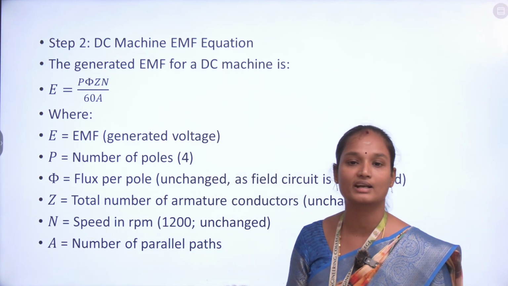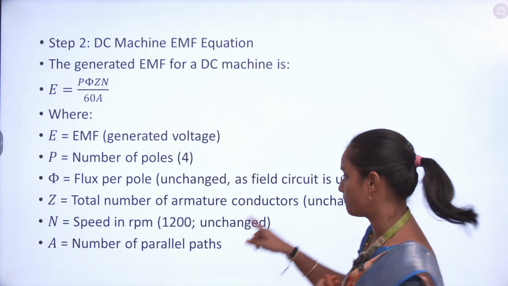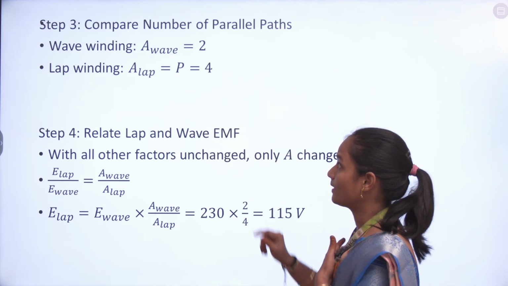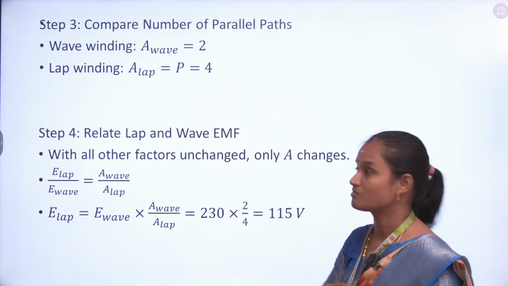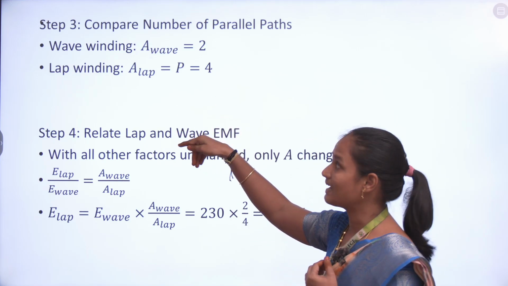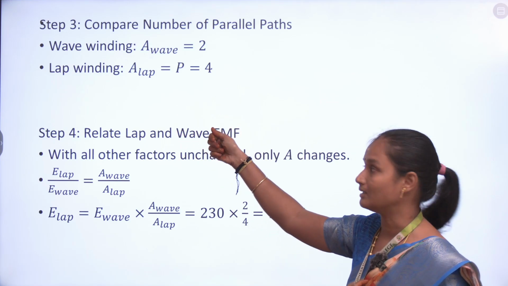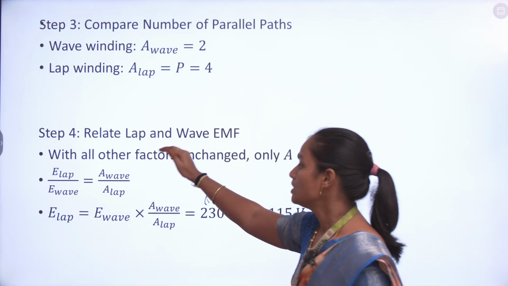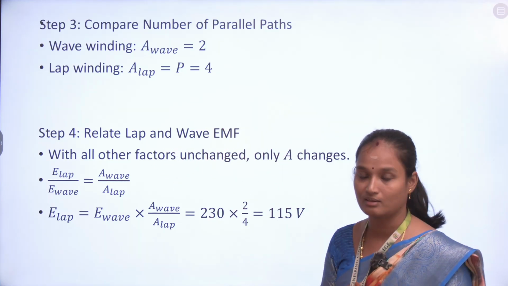Here we are about to change a wave connection into lap winding. So next, compare the number of parallel paths. For wave winding, obviously A is equal to 2, whereas in lap winding A is equal to P, that is 4.